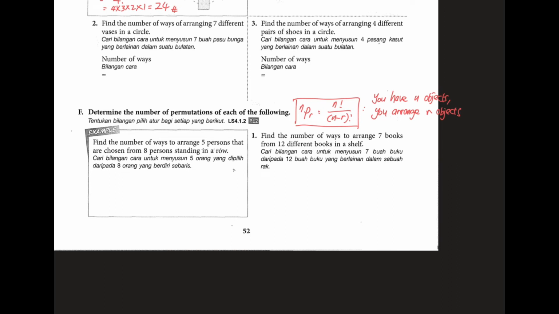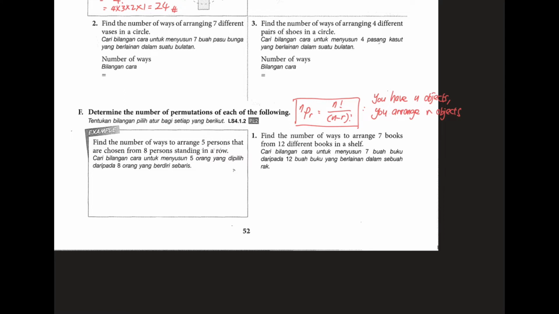Find the number of ways to arrange 5 persons that are chosen from 8 persons standing in a row. So you have 8 persons all together, you arrange 5 of them.